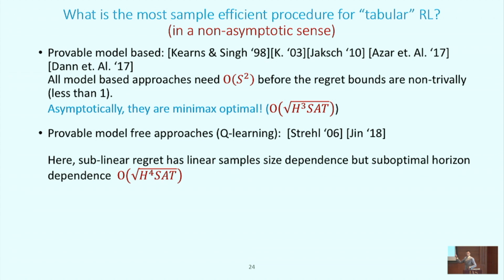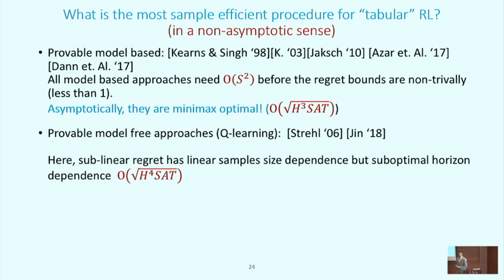And that's pretty bad, because at S² samples, you actually have a pretty good idea of how the world works. Okay? But the recent results, essentially due to Azar, Chris Dann, and so on, asymptotically, it's not S², but we actually care about finite rates here. And all of the results in the model-based land, for them to kick in, you actually have to have order S² samples.